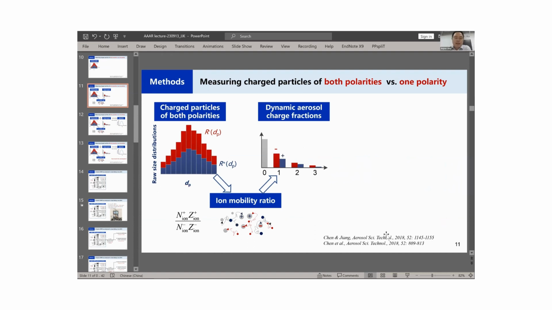Yes, Michelle, this is a very good question. There are some reasons we started with particles above 10 nanometers. One reason is that even though the same principles should work with particles below 5 nanometers as well, when we developed this algorithm to retrieve the ion mobility ratio and the dynamic aerosol charge fractions, there are some assumptions we use to make the equations simpler.